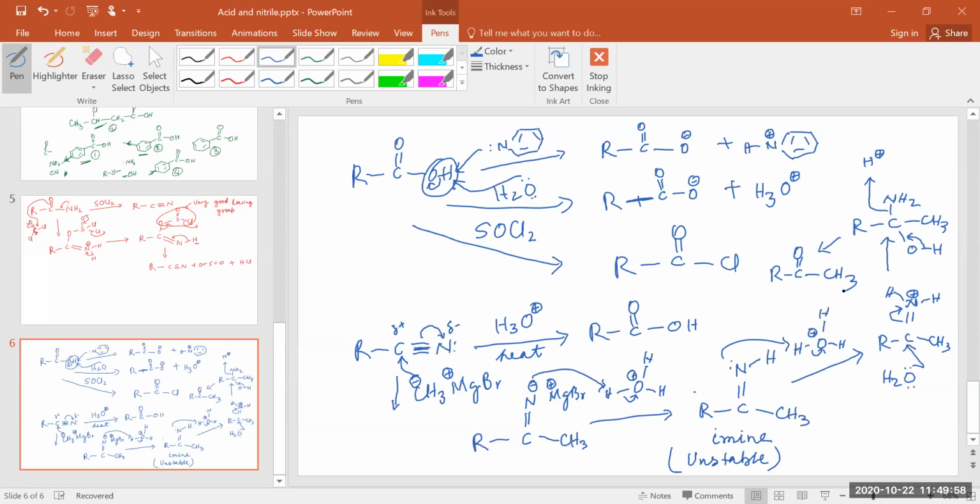So this will be the product. So long story short, the reaction of a Grignard reagent with a nitrile will make a ketone, via an imine intermediate. Why will it make a ketone? Because imines are very, very unstable under acidic condition. Okay, any question?